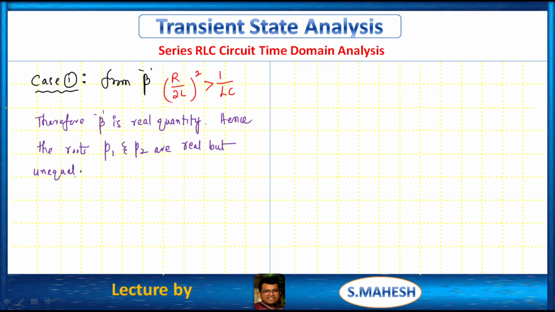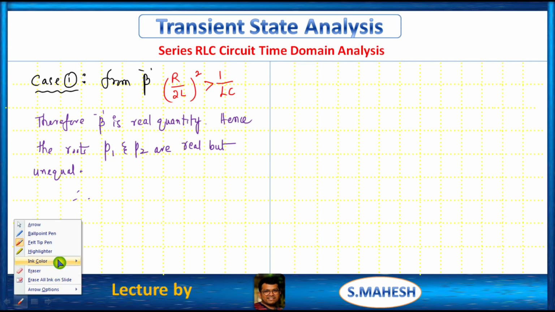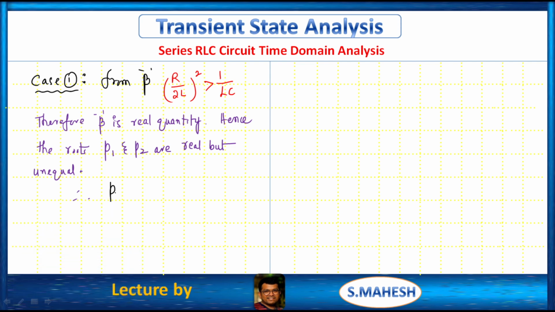I will clear your doubts with one example for each and every case. Don't worry, after discussion of the step response, just wait for that time. Therefore P1 is equal to alpha plus beta, P2 is alpha minus beta, right? From this, I is equal to K1 into e power alpha plus beta into t, like that K2 into e power alpha minus beta into t.